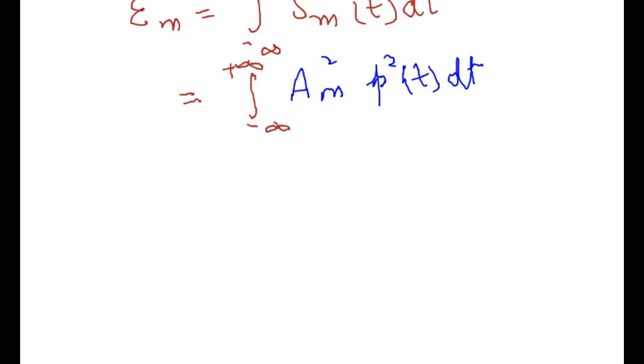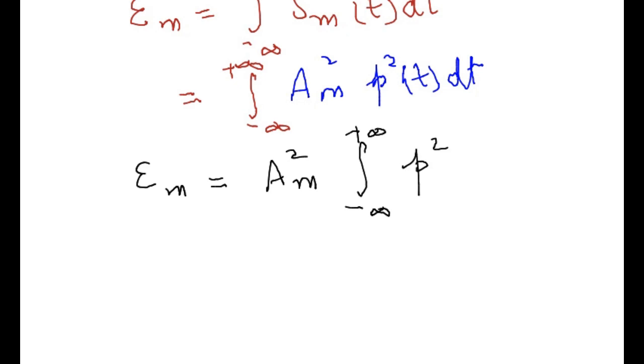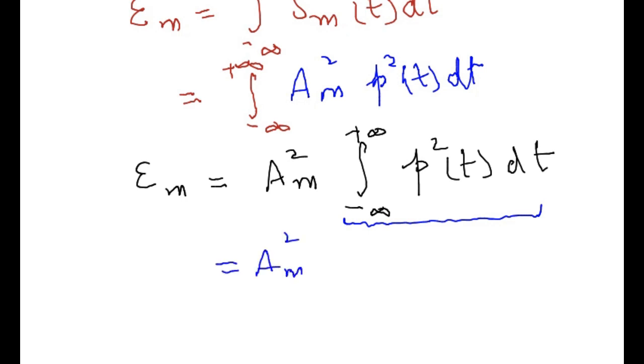Now if I go ahead to find the energy, Am square can be brought outside the integral. And what does this integral represent? This is actually the energy of the pulse. So you have Am square times the energy of the pulse, which I can represent by epsilon sub p.